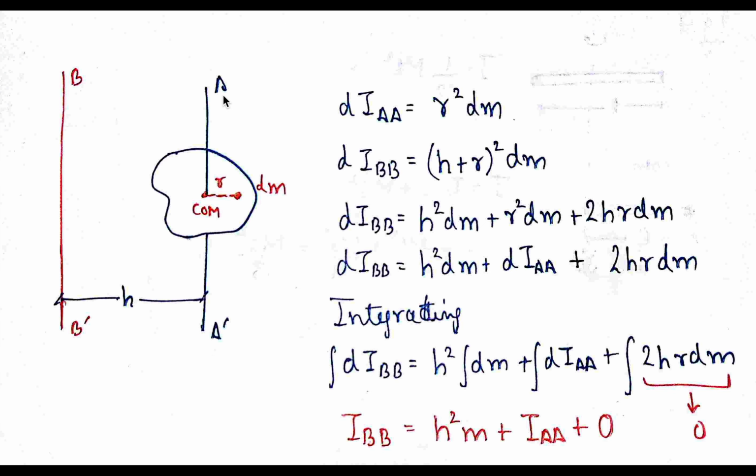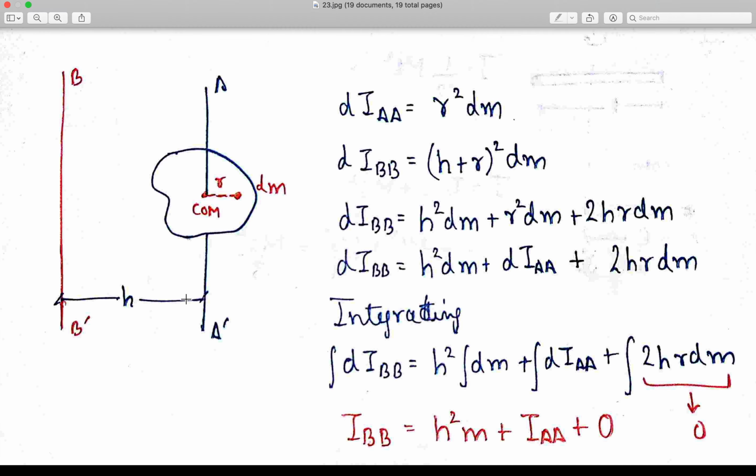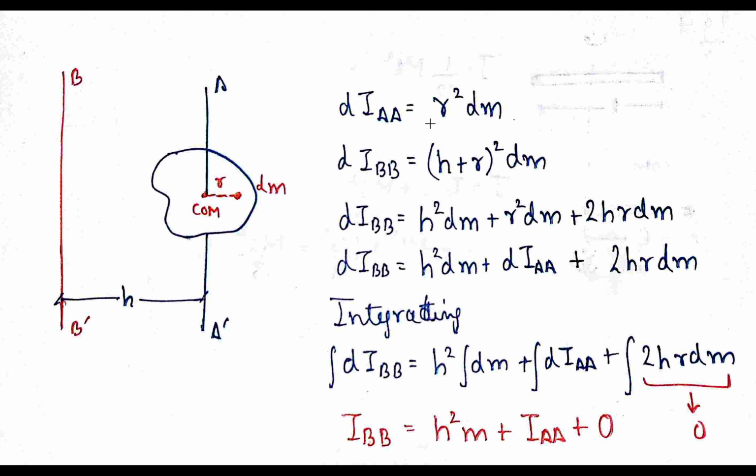Now if we see over here, this is the current scenario. Let's say we take an elemental particle dm which is at an r distance from the center of mass, or the axis of rotation A A dash. You know that the moment of inertia of this elemental particle dm about the A A dash axis will be given by dI A A dash equals r square dm.